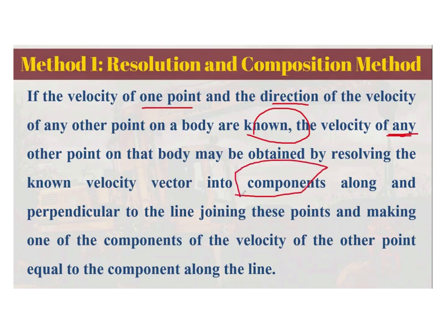When we say components, we have components along and components perpendicular to the line joining these points, and making one of the components of the velocity of the other point equal to the component along that line. So let us illustrate this using an example.